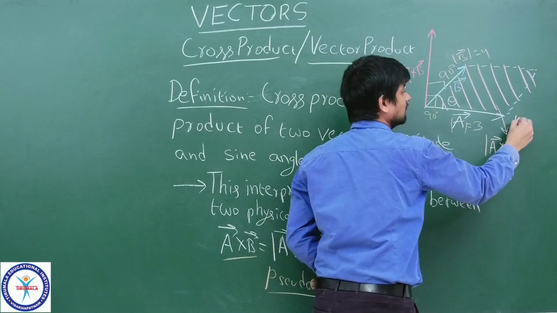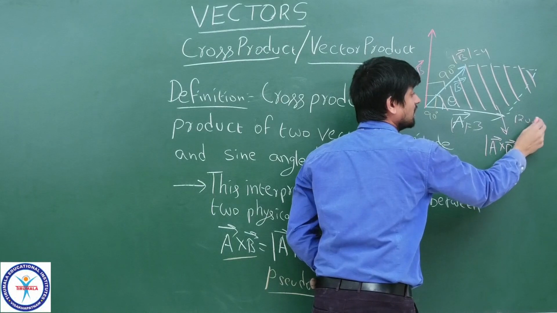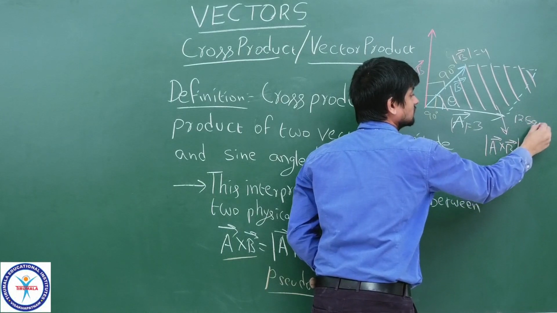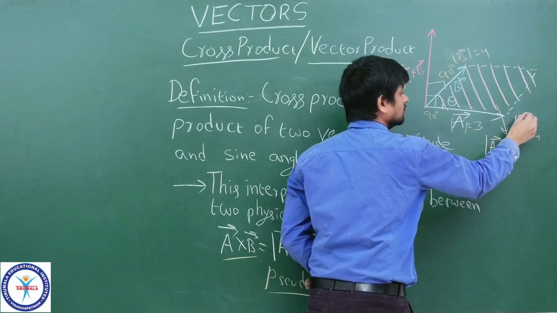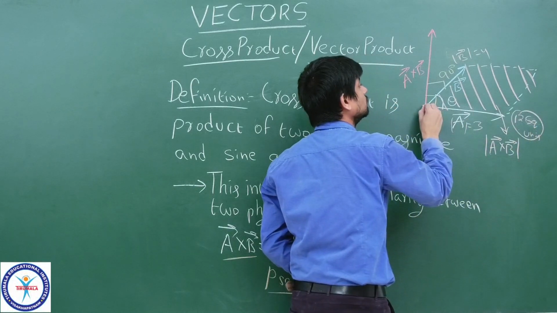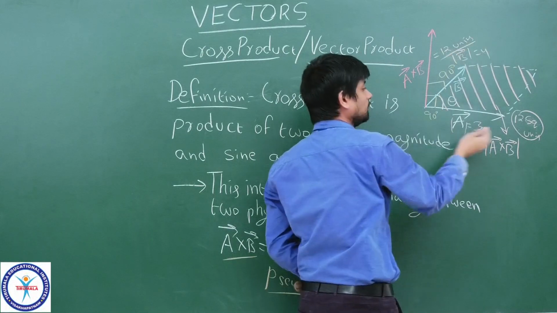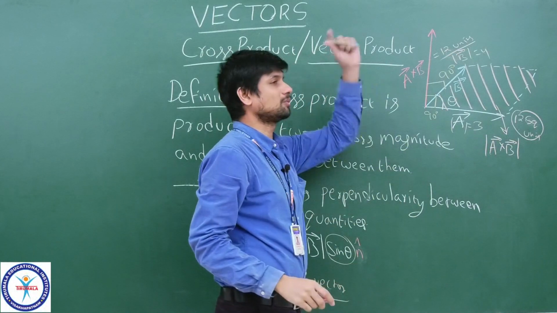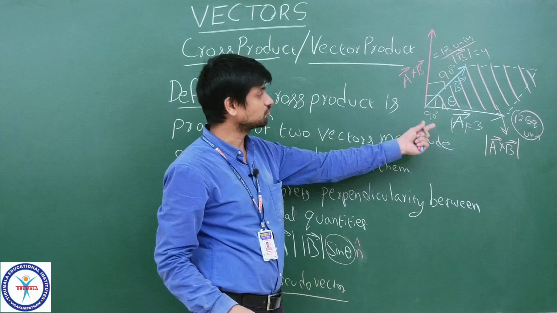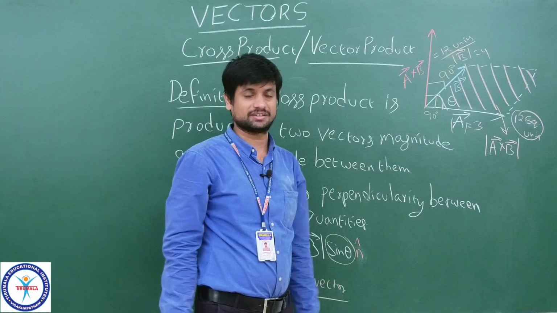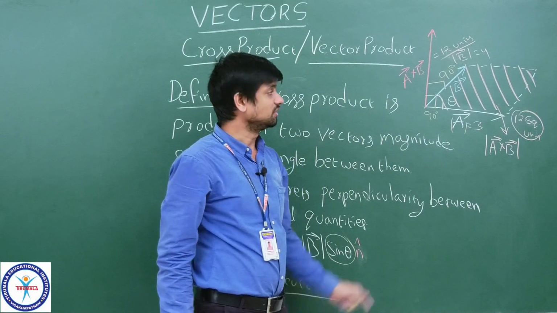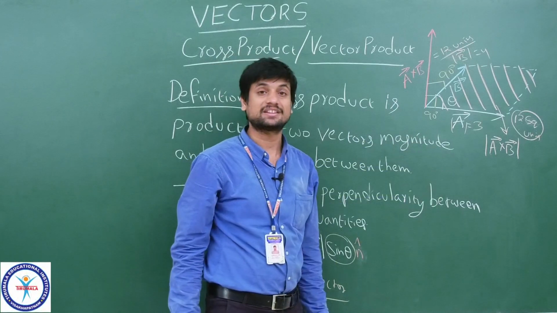So this will be 12 square units. The same 12 is the length, 12 units. If this is 12 meters square, this is 12 meters. So in those types of cases, we will apply this cross product.